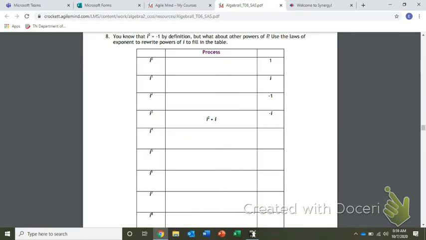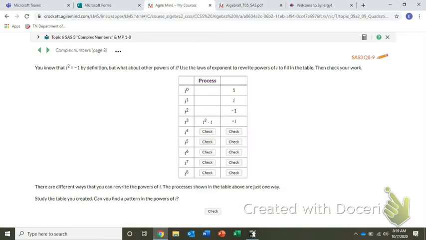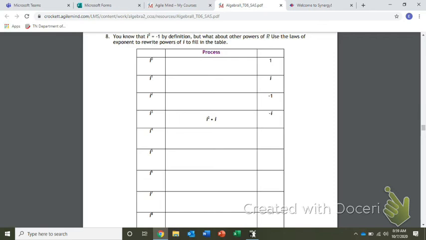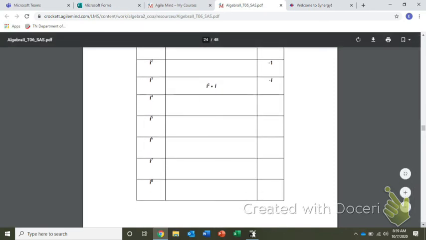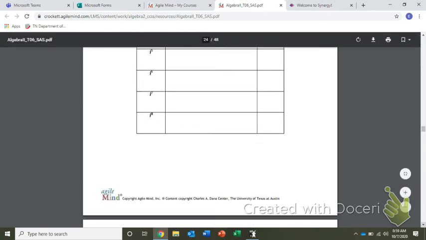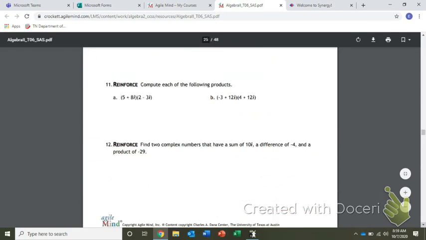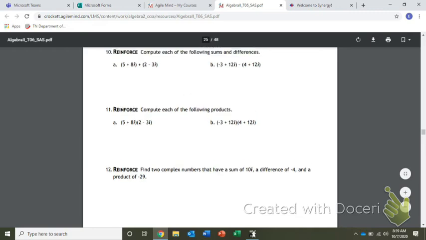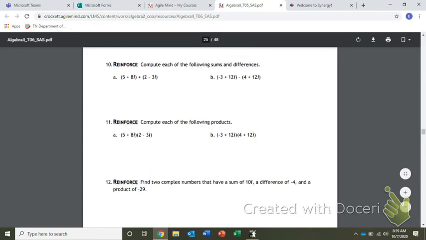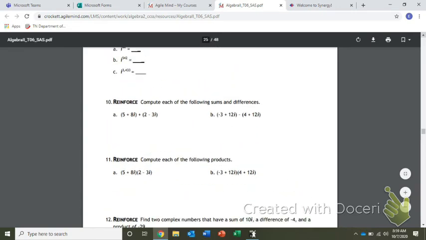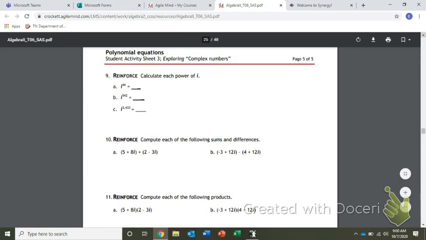All right. Let's keep going. Number 9. This is where it asks you to calculate the power of i. So how many times does it take before my pattern starts over?